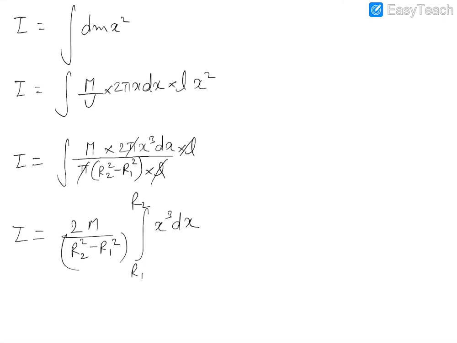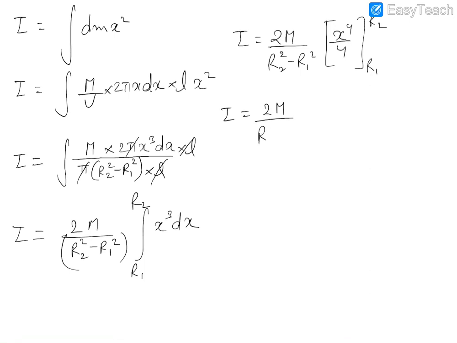Now I would be equal to 2m upon (r2 square minus r1 square), and the integration of x cube is x to the power 4 by 4, and the limit would be from r1 to r2. So I would be equal to 2m upon (r2 square minus r1 square), and this is 4, multiplied by (r2 to the power 4 minus r1 to the power 4).